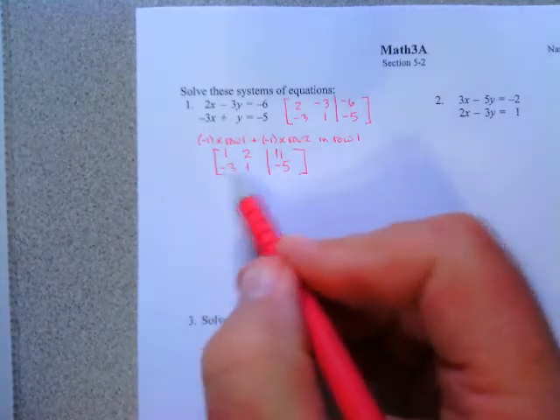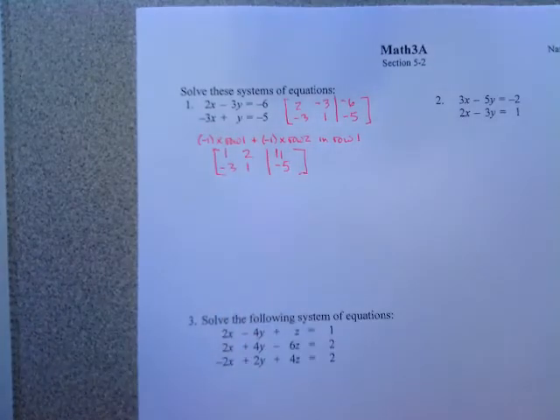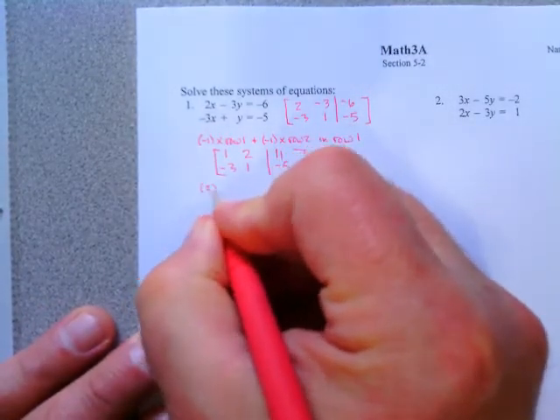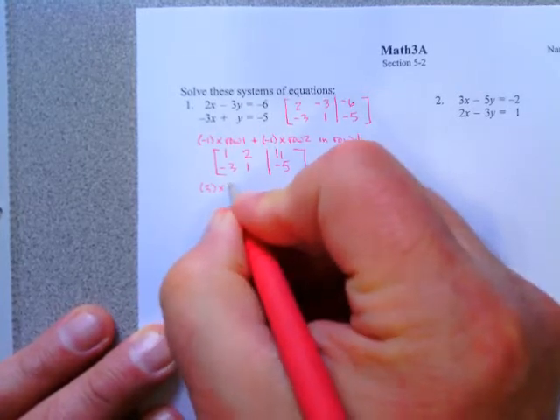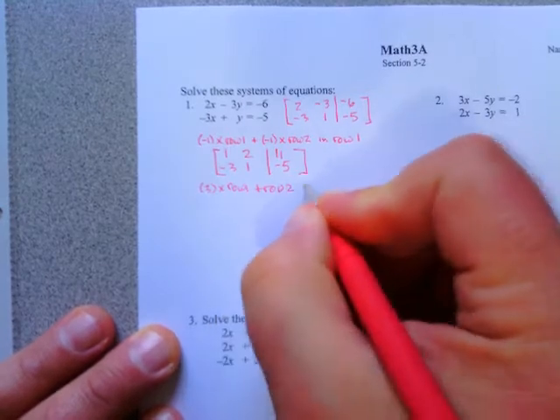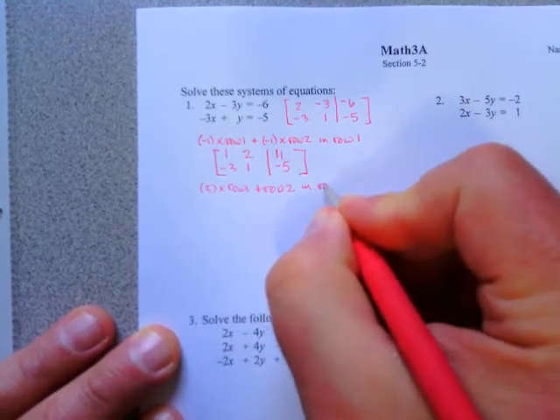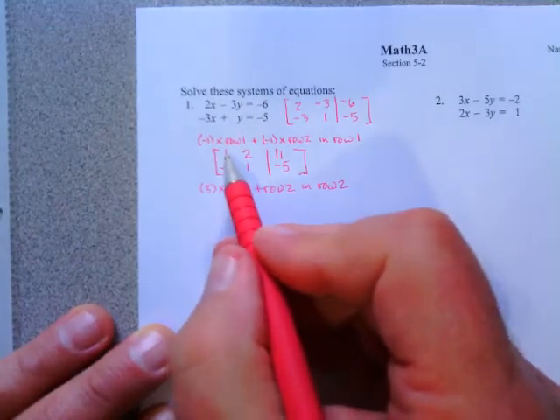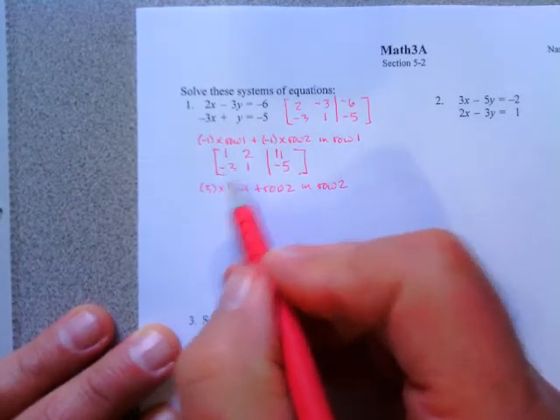Okay, so now I'm going to get a 0 right here, and I'm going to do that by going 3 times row 1 plus row 2 and put it in row 2. So 3 times 1 will be 3, 3 plus a -3 gives me a 0 there.